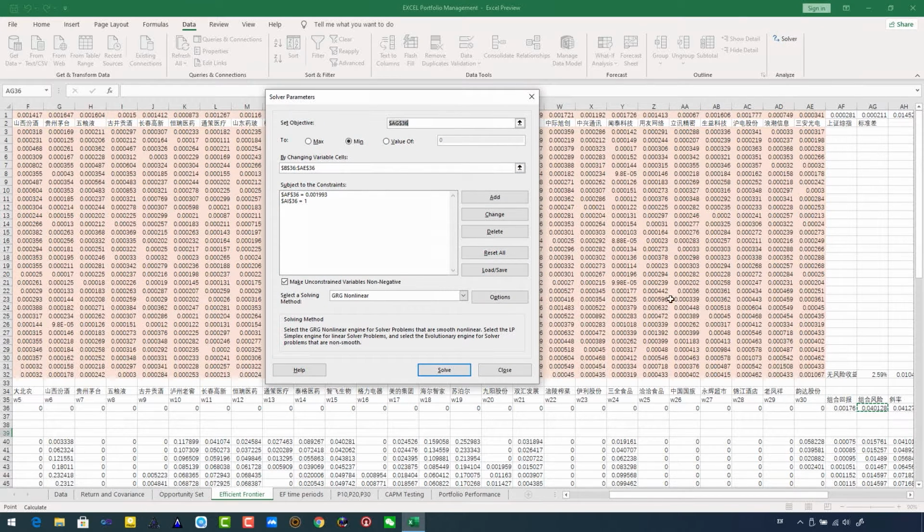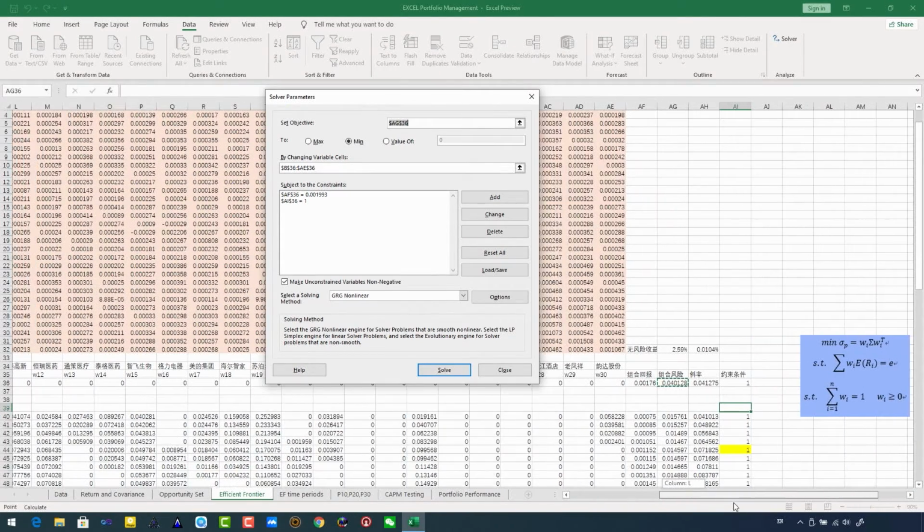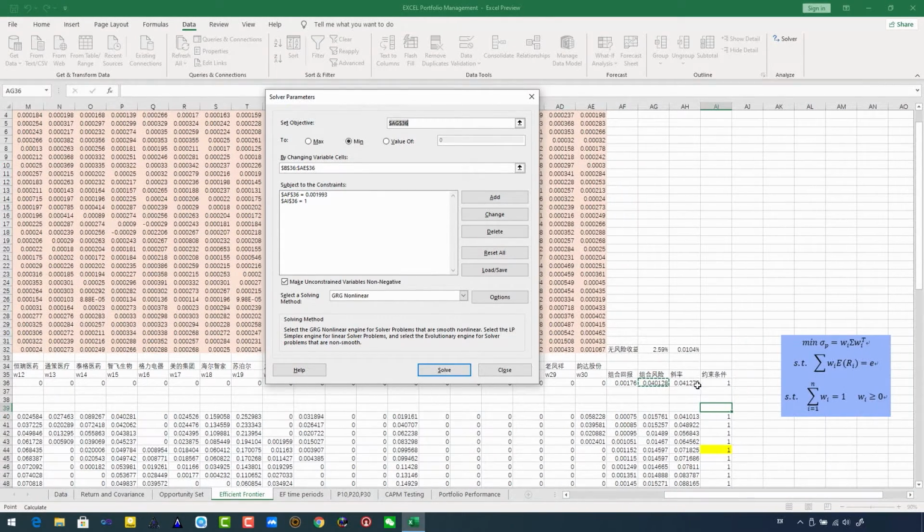So the first thing we need to do, we want to maximize our slope. Remember, as I mentioned, the CML, the capital market line, has the highest slope. So the first one, I want to maximize the slope. For the set objective, you can select cell AH36, which is our slope, and then you choose maximize.